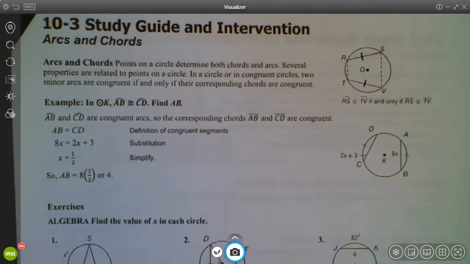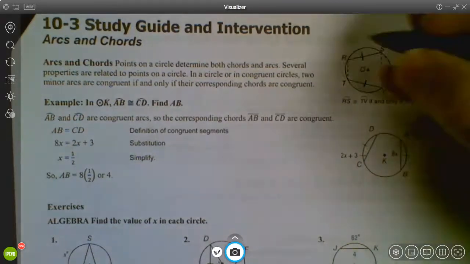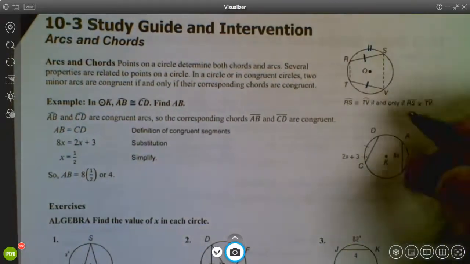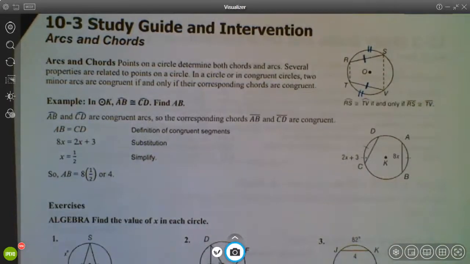What they're saying is if those two chords are congruent, well then their arcs, arc RS and arc TV, would also be congruent. And it works both ways. Okay, so you can say that either direction.